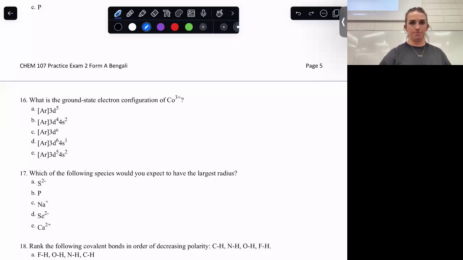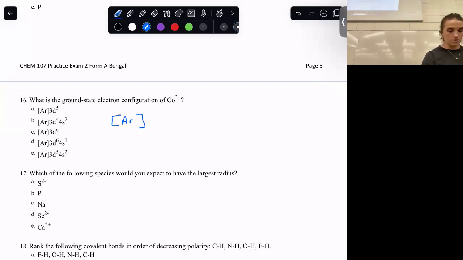Let me pull up the periodic table. Okay, so when we look at cobalt on the periodic table, this is element number 27. So when we look at the ground state configuration for just cobalt, not the ion, this is 4s2, 3d7.